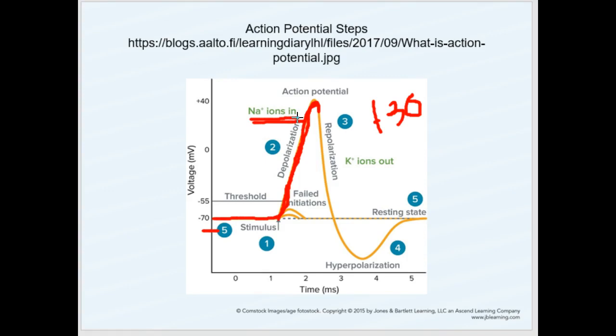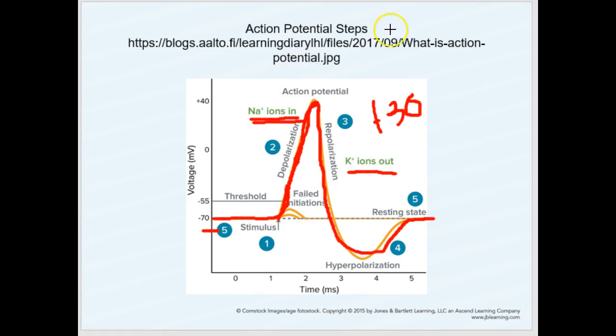At this point, potassium channels open, and because they're at a higher concentration inside the cell, they start to move out. And if we move a positively charged ion out of the cell, we're going to make it more negative. And that negative motion will go all the way to -70 and actually overshoot it a little bit, okay? Because those channels are actually just a little slow to close, and then it'll regulate itself back to -70.